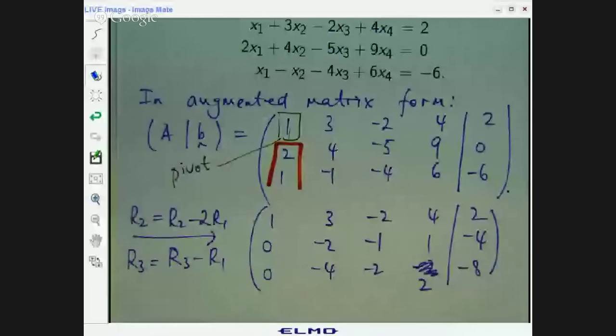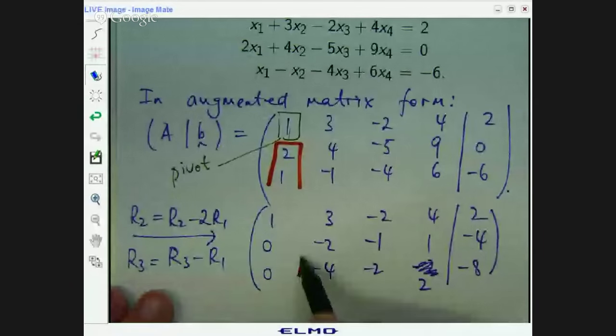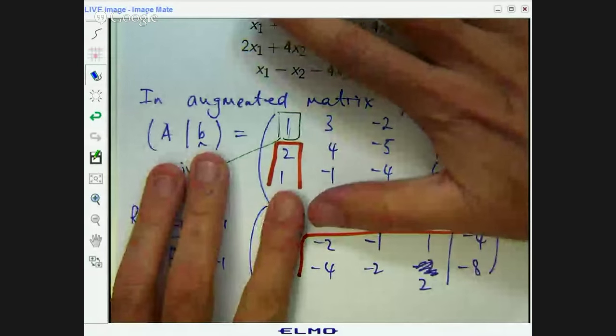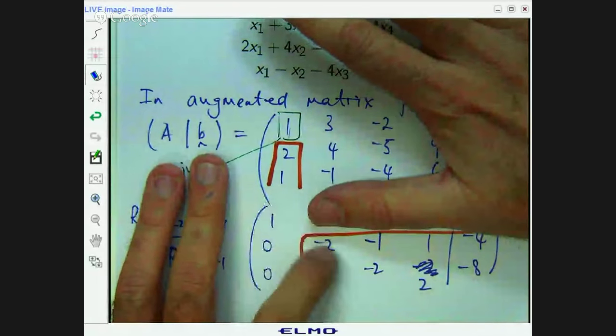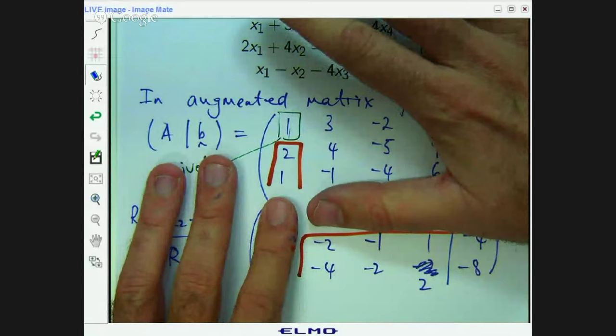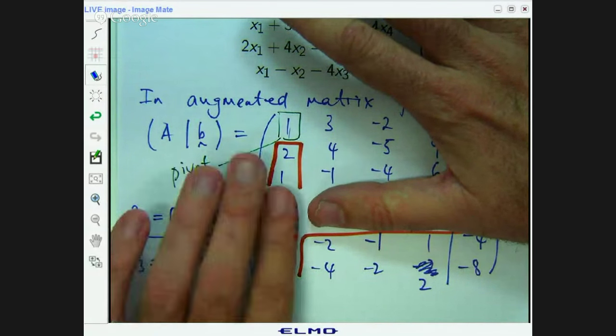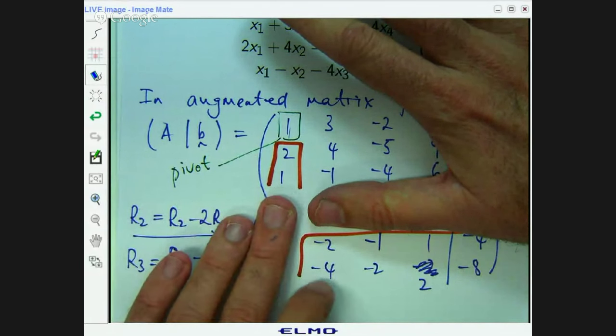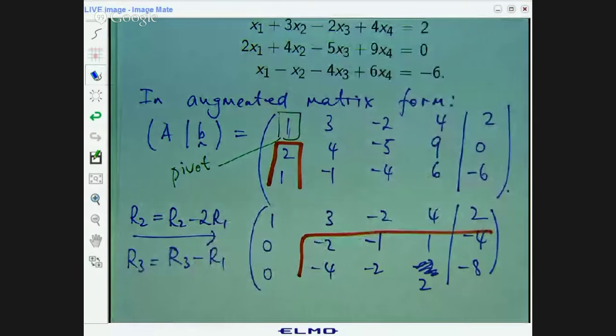Okay, so now what we do is we move on to a sub matrix. So you cover that up and you go, okay, I'm going to row reduce the following matrix. And how do you do that? Well, you would normally make this -2 into a 1. But the thing is, the entry below it is a multiple of -2, so it's not necessary.